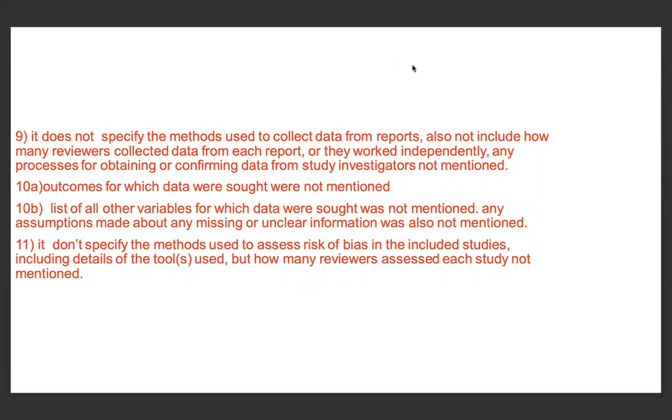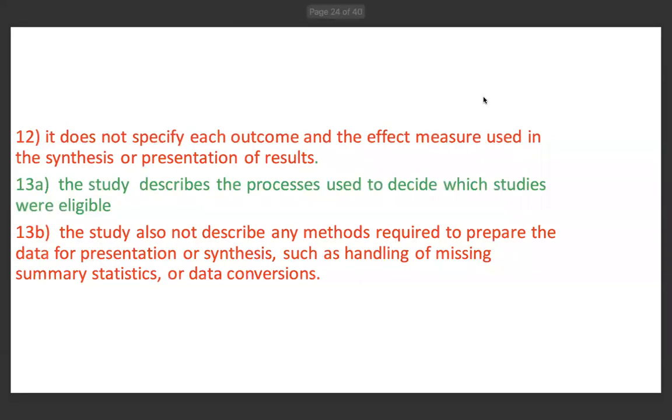Any assumptions made about any missing or unclear information were also not mentioned. It does not specify the method used to assess risk of bias in the included studies, including details of tools used, and how many reviewers assessed each study was not mentioned. It does not specify each outcome and the effect measures used in the synthesis or presentation of results.